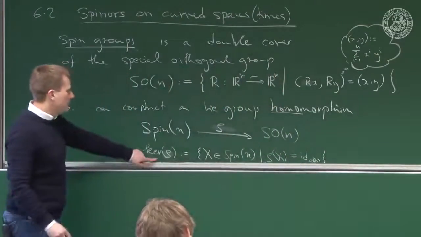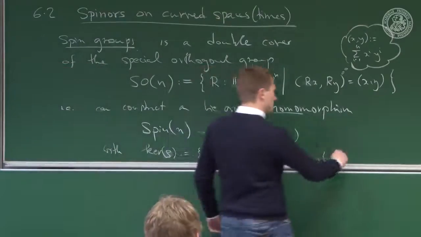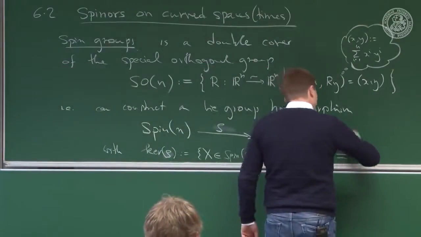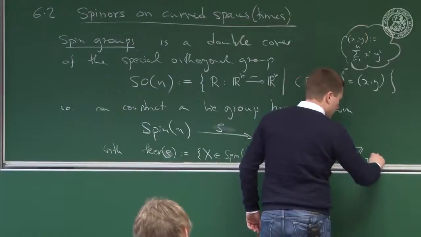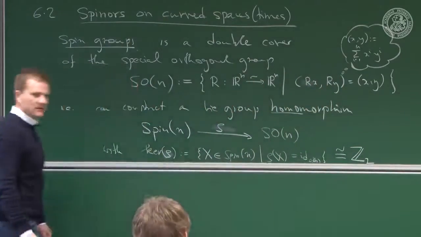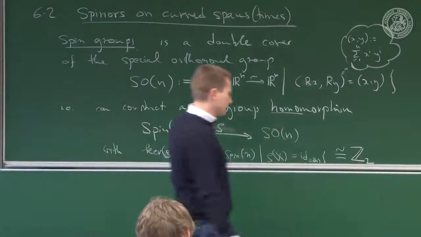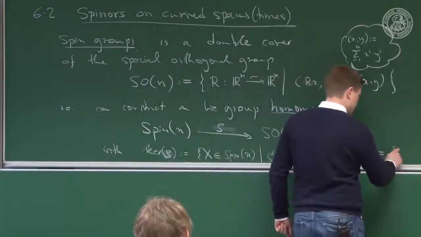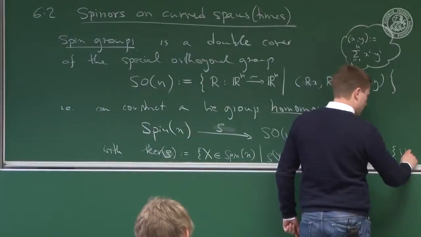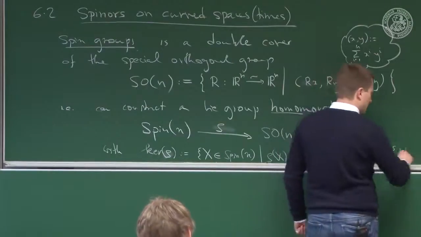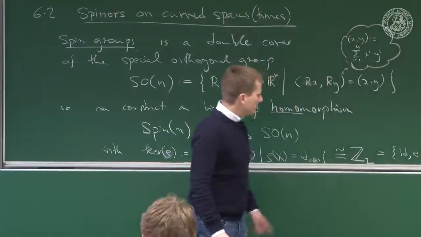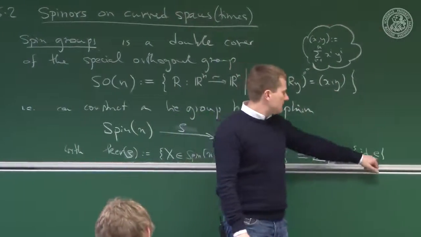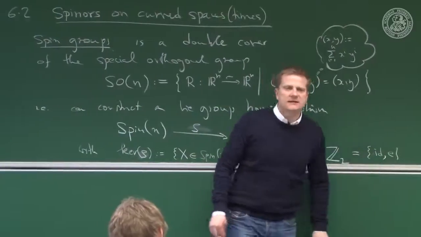That's just the definition of the kernel. And now the definition of spin: the kernel is isomorphic to the group Z2. You know Z2 is the group with just two elements. It certainly needs the identity element, and a second element, and whatever the group operation is, e with e must give you the identity again.